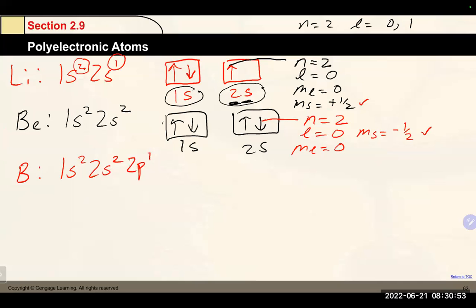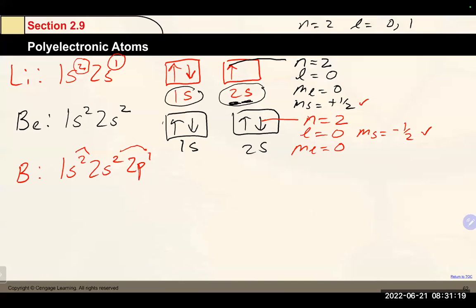Once again, counting the top numbers there, 2, 2, and 1 gives us 5 total electrons. In this case, we have how many electrons on the second energy level? There are 3, 2 in the s and 1 in the p. And obviously we still have our 2 electrons on the first energy level, which would be in the 1s.